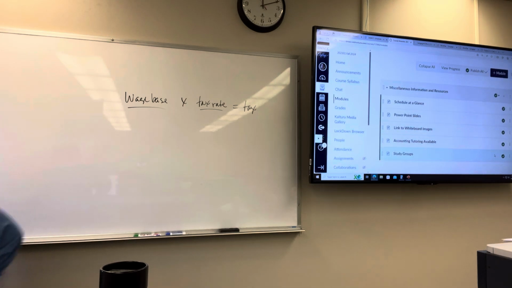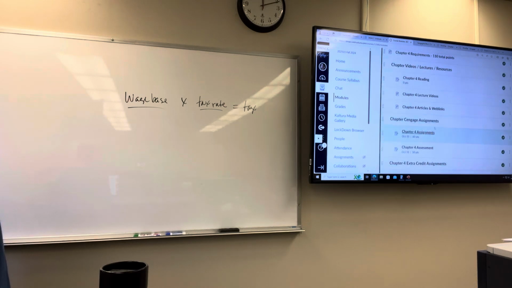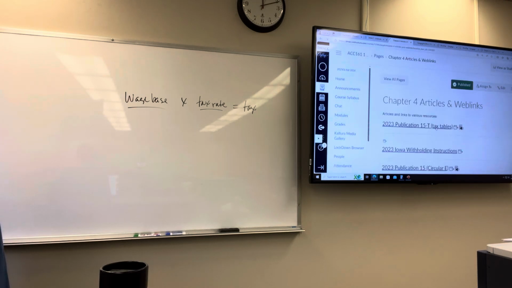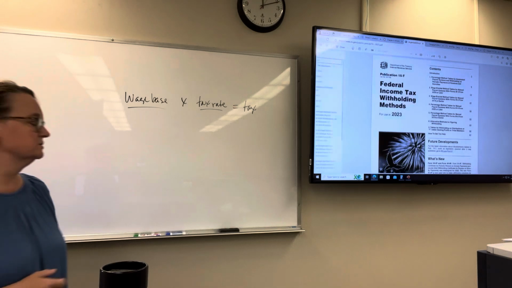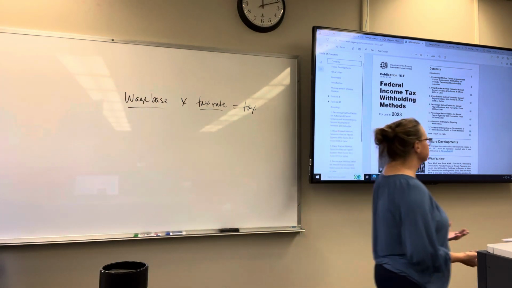if you've got the paper copy of the book, I think the tables are in there somewhere. But I've also got a link to these tables here, which makes it a lot easier to access. So this is the publication that contains all the tables.